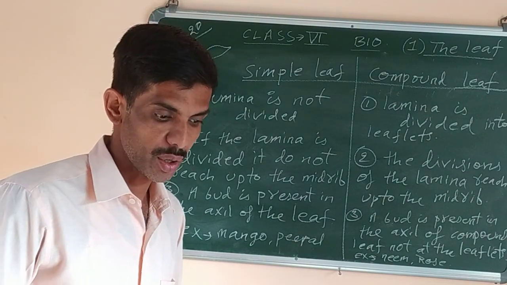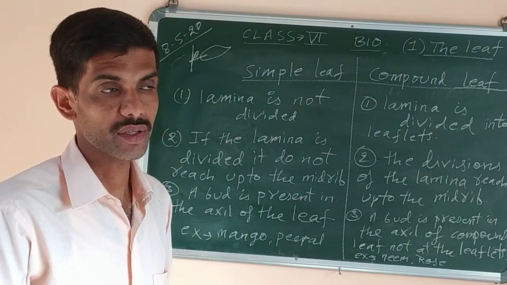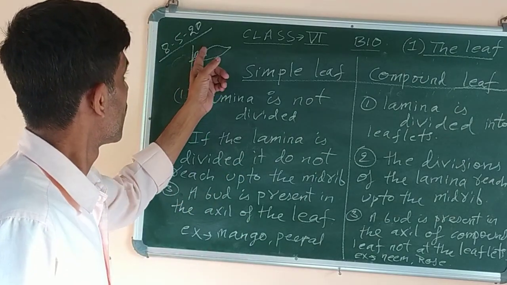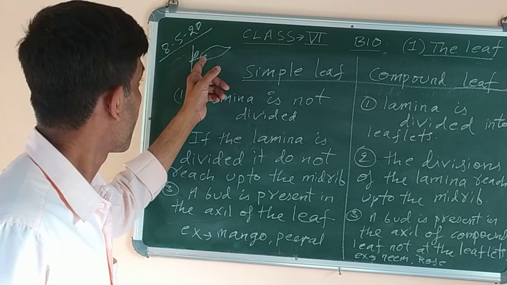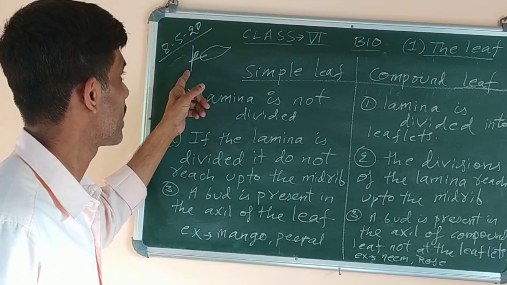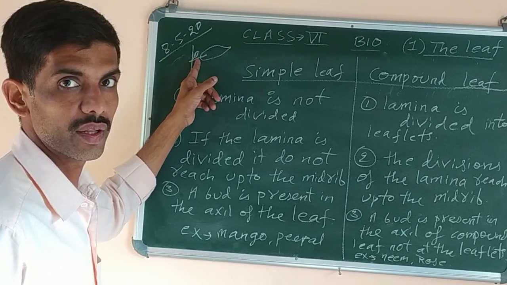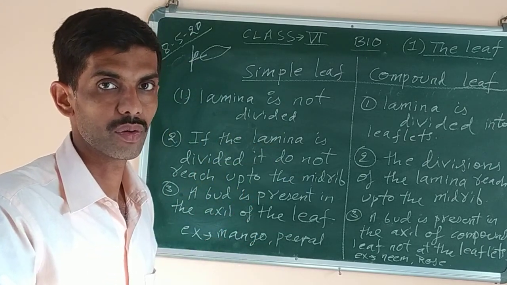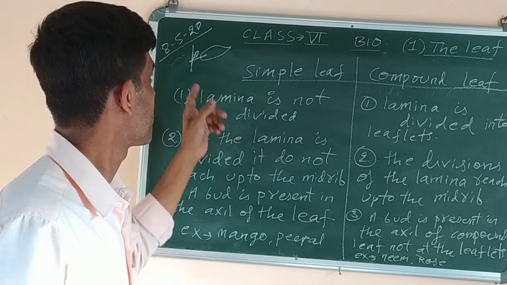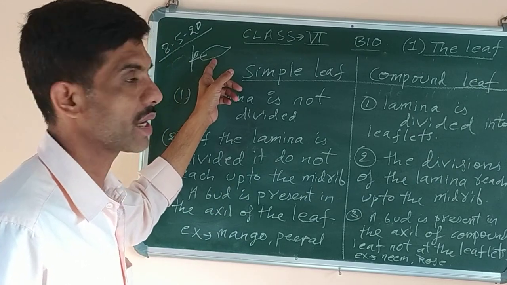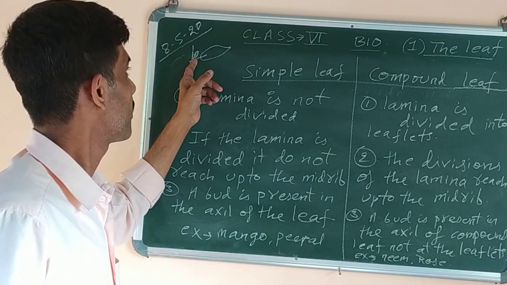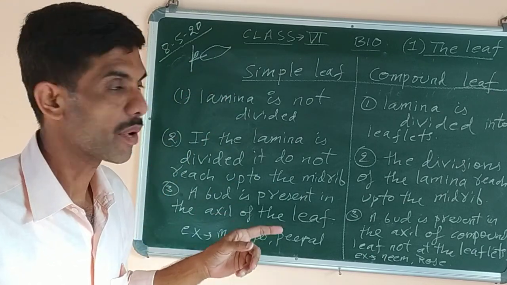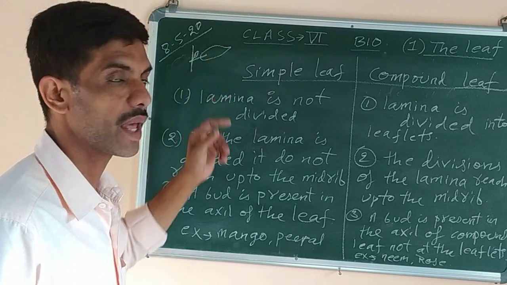The leaf consists of mainly two parts: the leaf blade, also known as lamina, and the stalk with which it is attached to the stem, called the petiole. The petiole holds the leaf to the stem and gives support to the leaf.